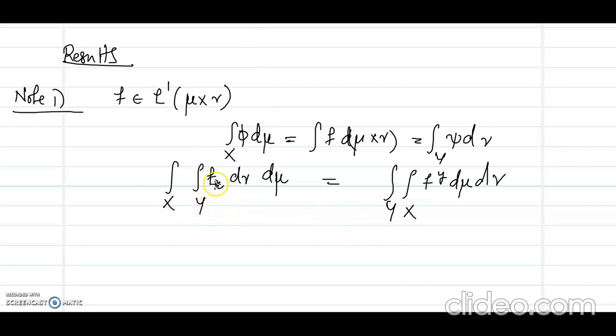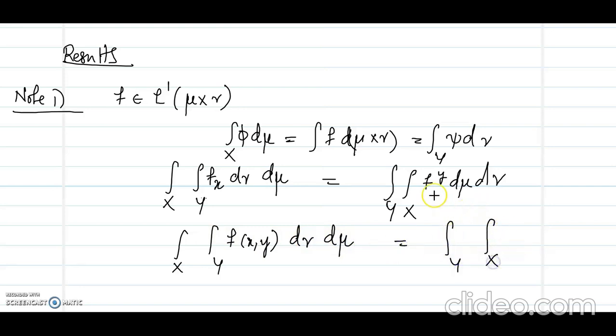Now here x is fixed and y is varying, and fx is f of xy. So f of xy dr d mu will be equal to integral over y, integral over x. Now y is fixed and x is varying, so again fy will be equal to f of xy, where y is fixed and x is varying, d mu dr.